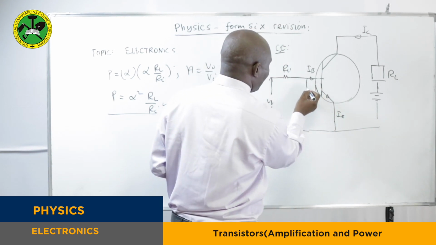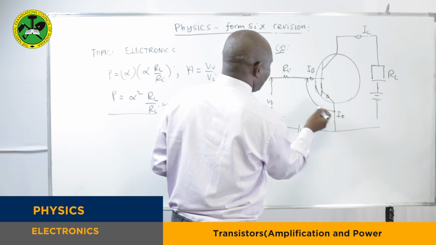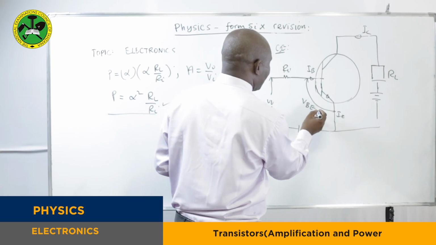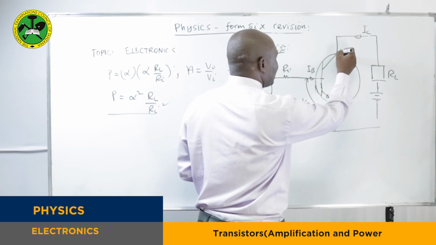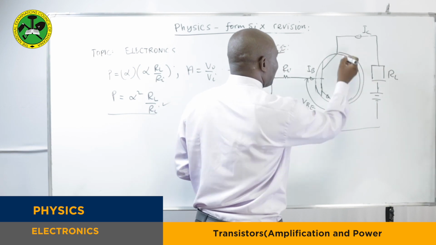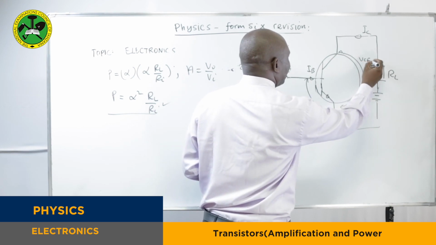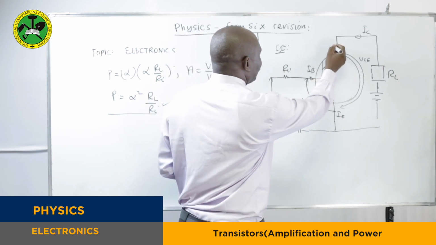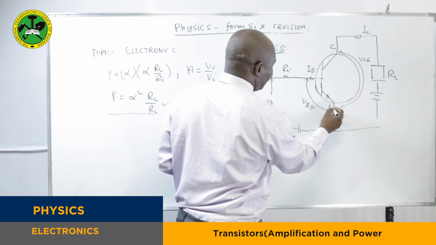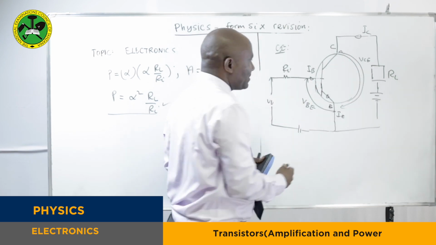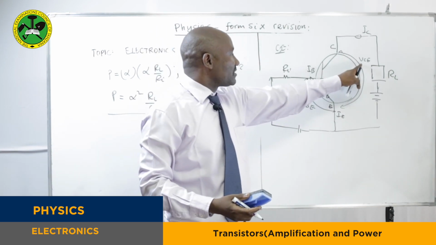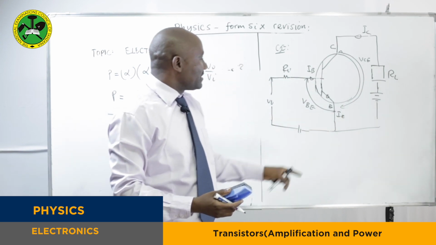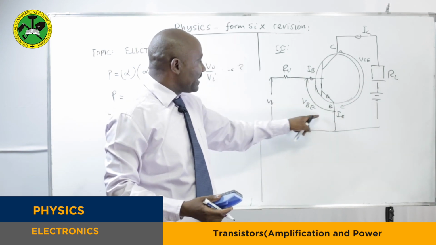Of course, we know this voltage here is the voltage across the base emitter junction, and this voltage here is VCE. This is the base, this is the collector, this is the emitter. So that voltage is given the name voltage across the collector emitter junction, and this is the voltage across the base emitter junction.